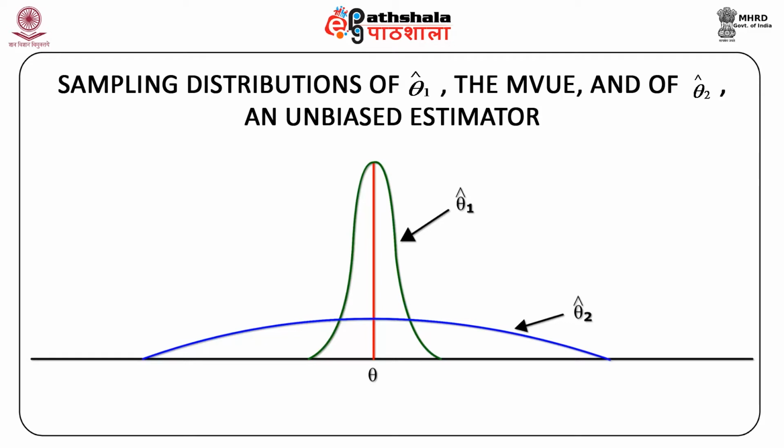In the choice between the two estimators, theta 1 hat is the preferred estimator, as it is the minimum variance unbiased estimator of theta. The minimum variance unbiased estimator is the most likely among all unbiased estimators to produce an estimate close to the true value of the parameter.